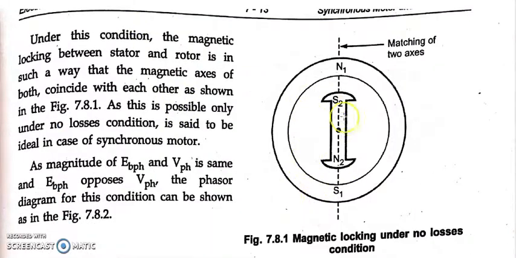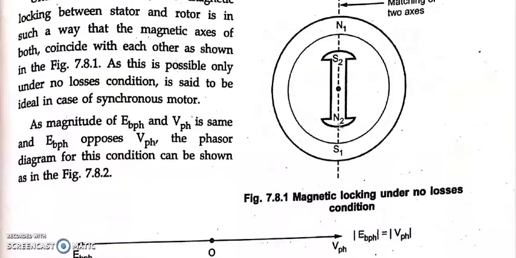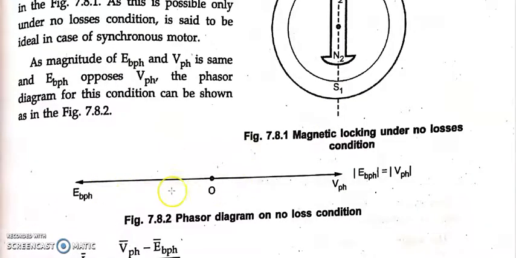Now we can see a scenario where there is exact magnetic coupling between the stator and the rotor poles, where the magnetic axes of both the rotor and stator overlap each other. In this case, EB phase is exactly equal to V phase but in the opposite direction, as per this phasor diagram. EB phase is pointing to the left, whereas V phase is pointing to the right, and they have exactly a 180-degree phase difference.